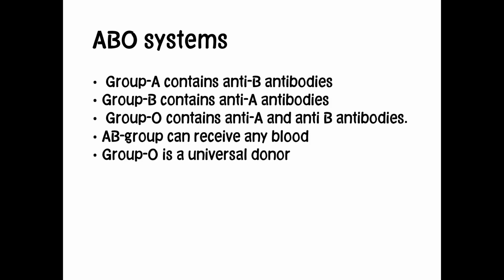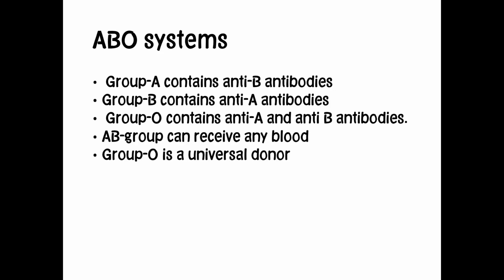It should be noted that different blood groups have different antibodies in their plasma and different antigens in their red blood cell membranes. For example, a person with blood group A has anti-B antibodies in their plasma and type A antigens on their red blood cells, while a person with blood group B has anti-A antibodies and type B antigens on their red blood cells.